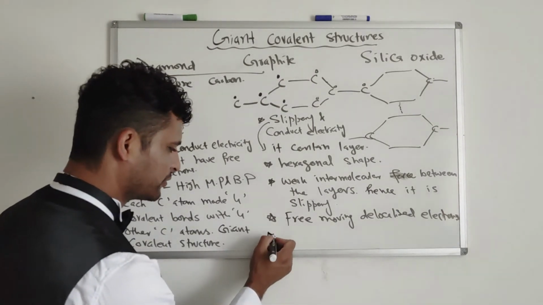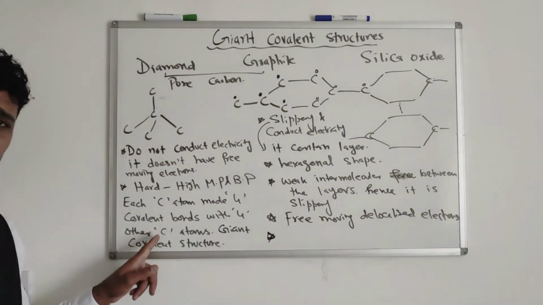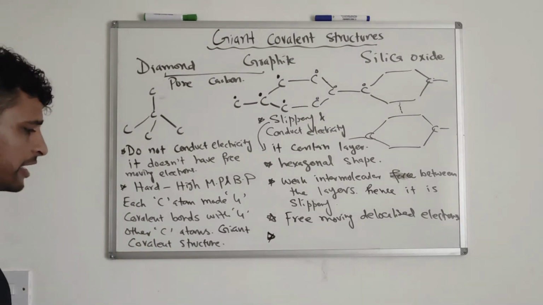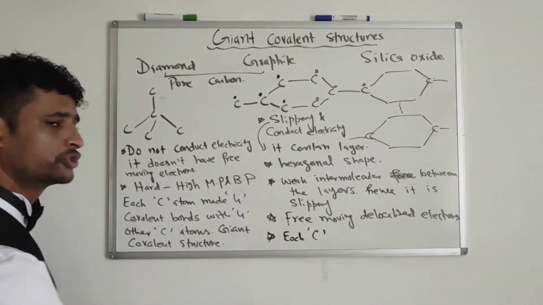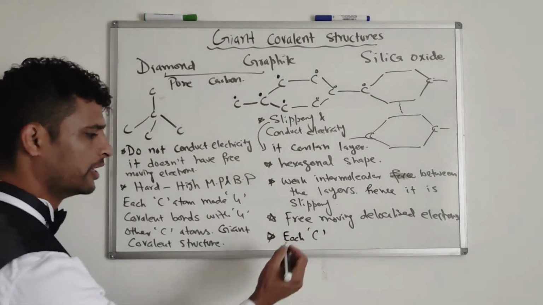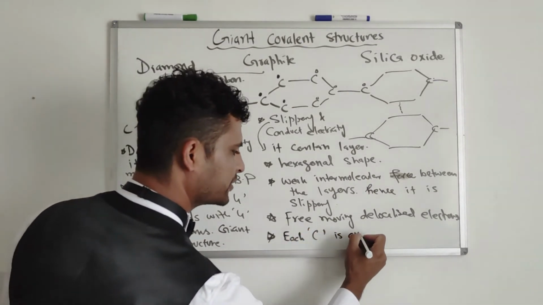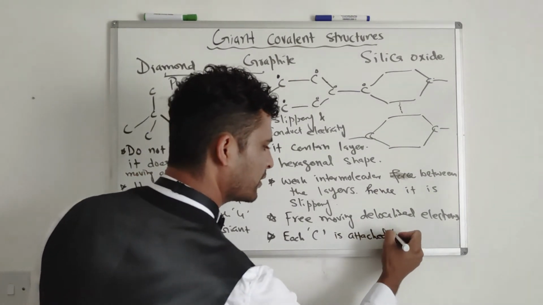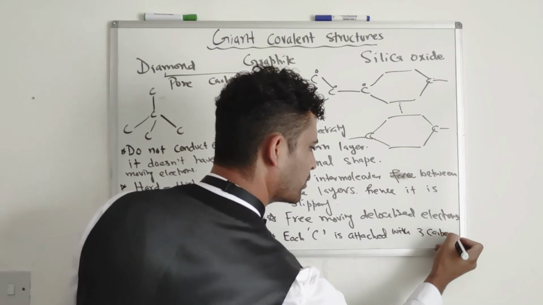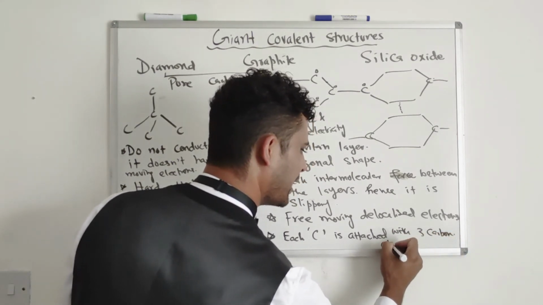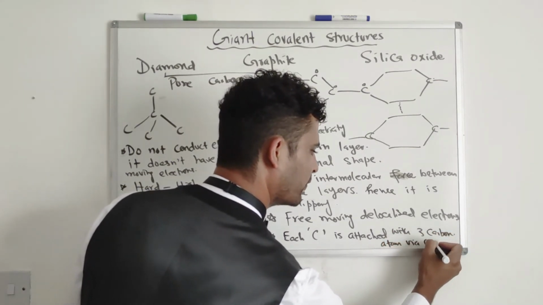One more thing I would like to mention, like just carbon in diamond. If they ask you to explain the structure of graphite, each carbon is attached with 3 carbon atoms via covalent bond.